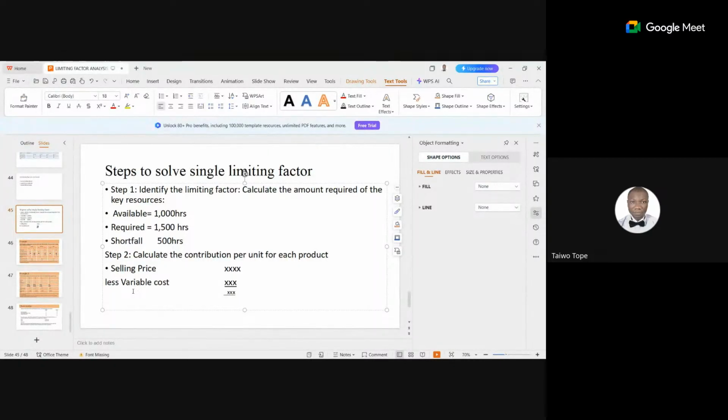So when you determine your contribution per unit, what next are you to do?